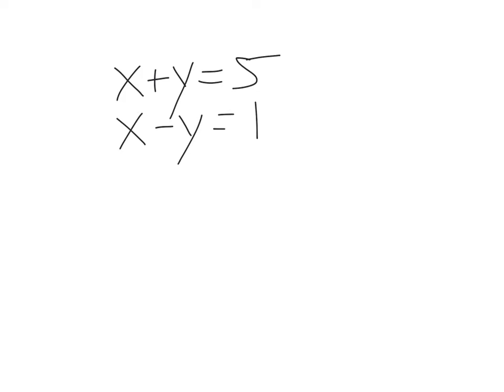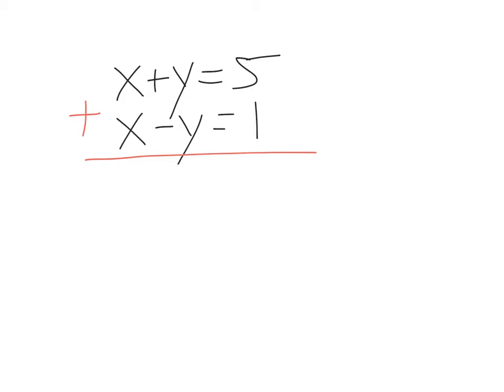So instead, I love the fact that they're both in standard form, and I'm going to do something kind of sneaky with these. Basically, all I'm going to do is take these two equations and add them together. Now you're probably going, why would you want to add them together?